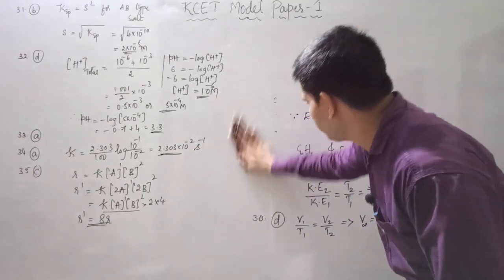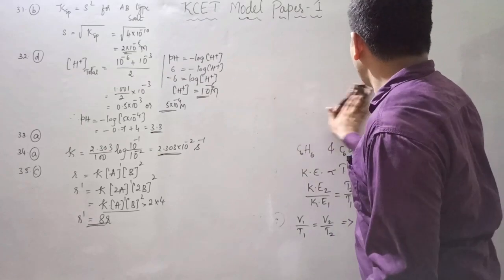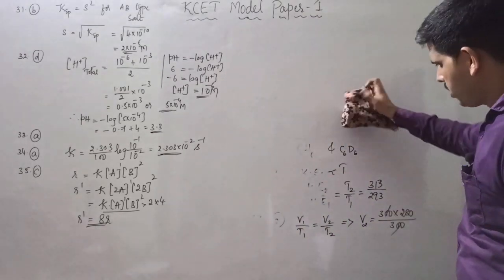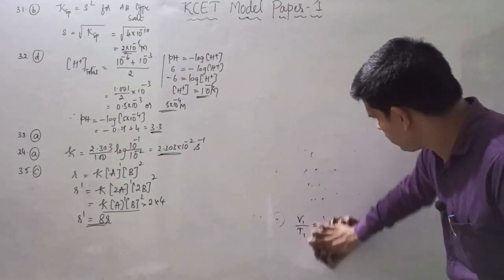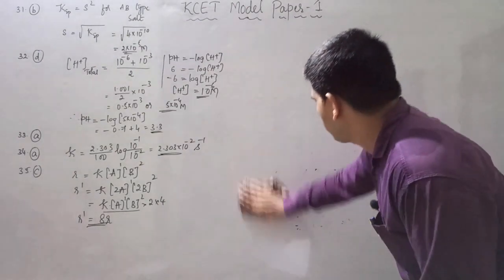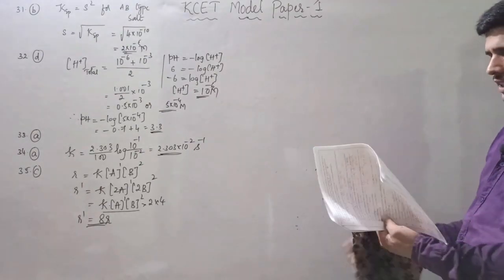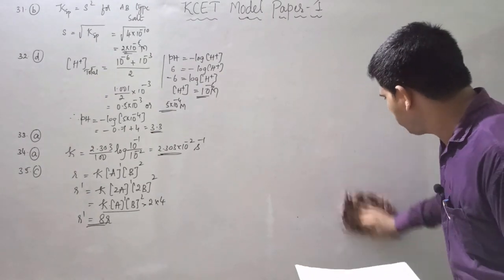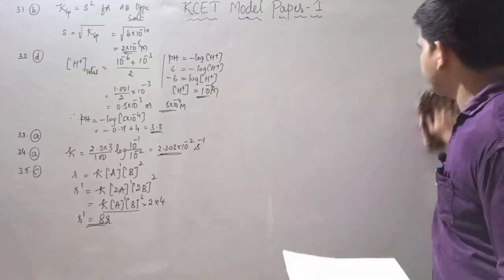Moving on to the next, 36th one. Most of them are NCERT related only, because the syllabus is released related to the KCET. So the deleted portion is not included generally.